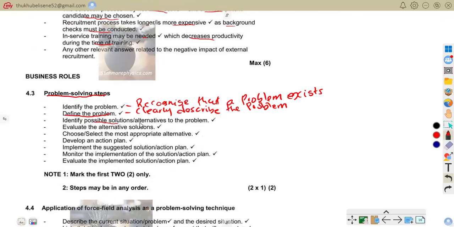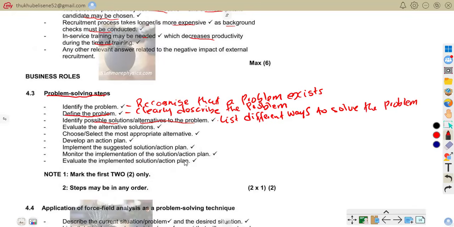Identify possible solutions or alternatives to the problem. So you list different ways to solve the problem.